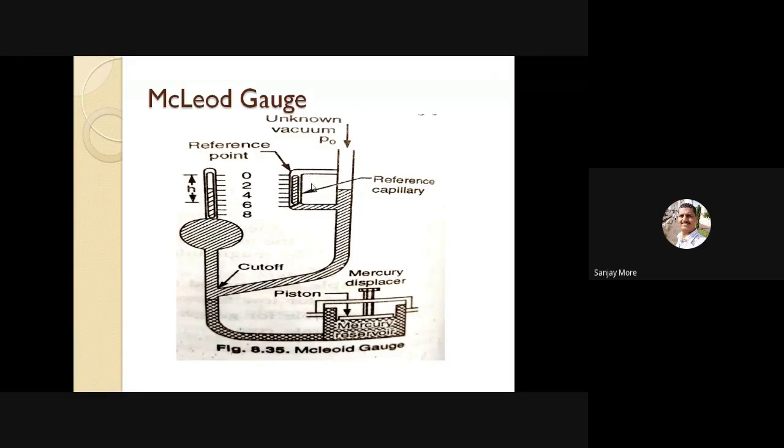This reference point is also considered as the zero reference point. The unknown vacuum comes inside with the help of this reference capillary, and it comes to this bulb. When applying force on this piston, the piston carries mercury upward, and the unknown vacuum gets compressed, and the reading is taken on the capillary with the help of height.